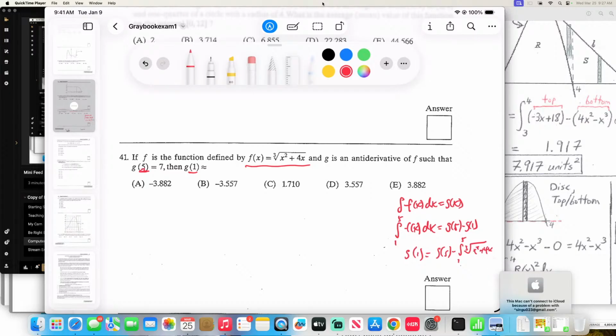Well, you have a calculator, because I don't even know how to take the integral of this. There's no mathematical way to do the integration of this. They purposely write a question like that. So you're going to use the calculator for this part, then do g of 5 minus it, and you should get A, right? Does that make sense? Do you understand?